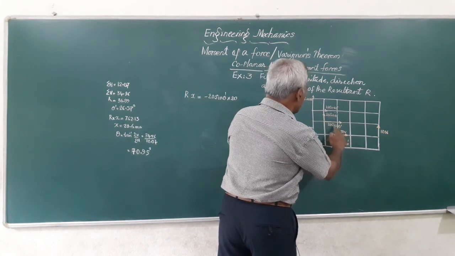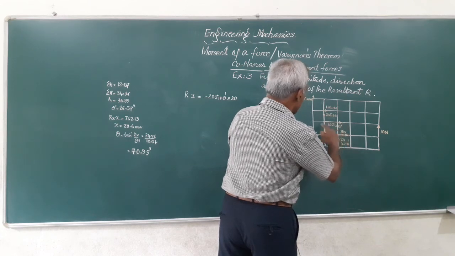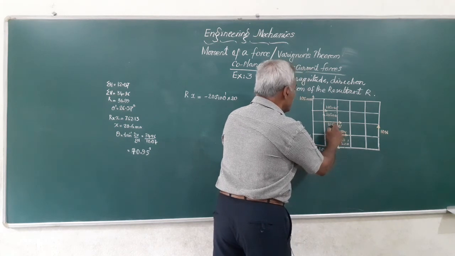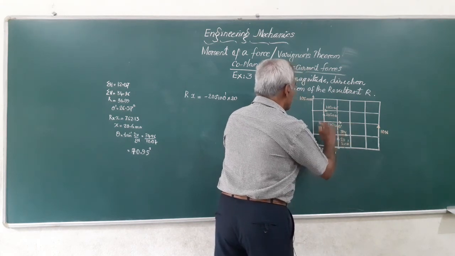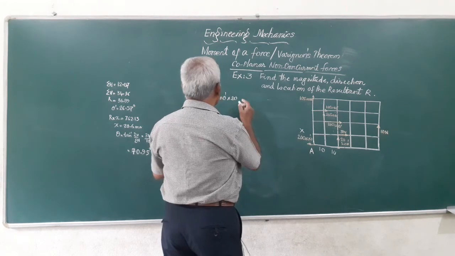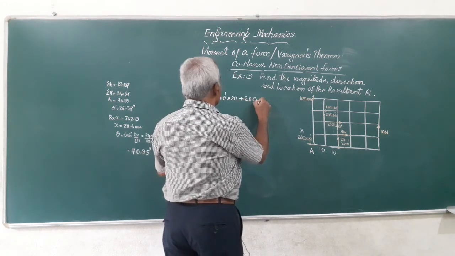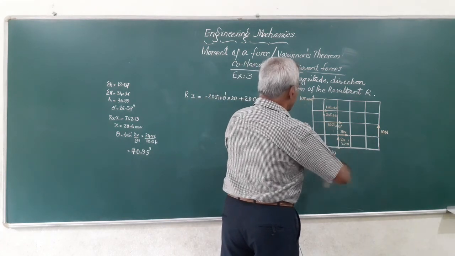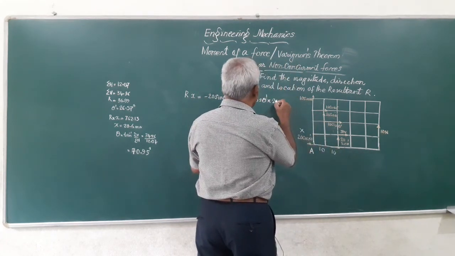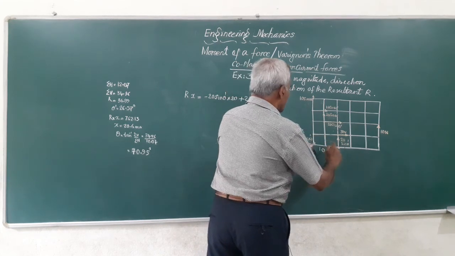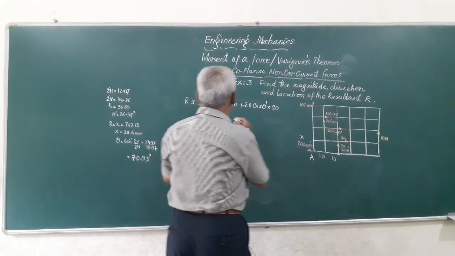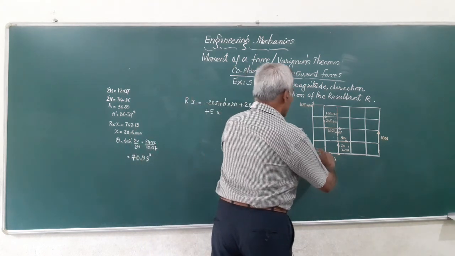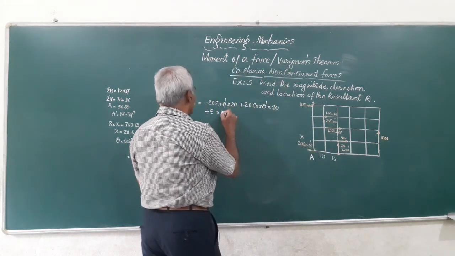Next you have got 20 cos theta dash, it is giving a clockwise moment about this. So, the moment of this is this force into the distance plus 20 cos theta dash multiplied by the distance, it is acting at a distance of 20 millimeter again, because this is 10 plus 10. This 5 Newton is giving a clockwise moment of 5 multiplied by this distance 10, force into distance.